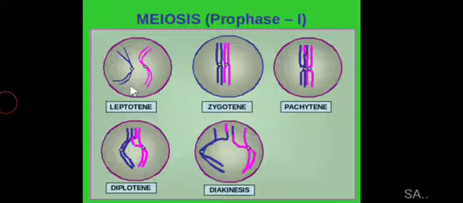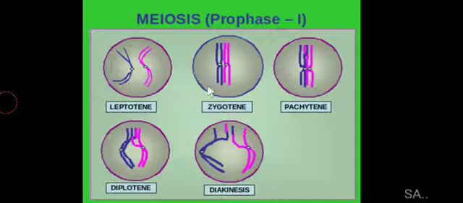The chromatin material is condensing and it is forming the homologous chromosomes, which are thread-like structures, and they are beaded. So at the leptotene stage, the beaded homologous chromosomes are formed. So this is the first stage, leptotene of prophase I.